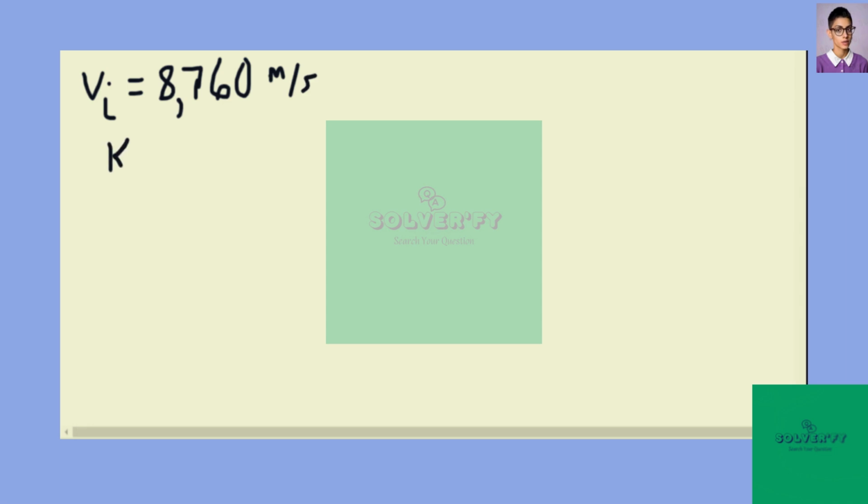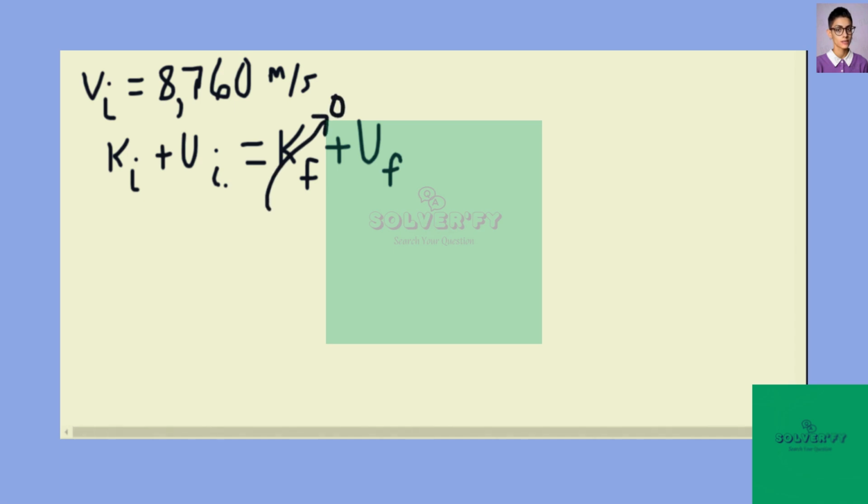I'm going to use kinetic energy initial plus potential energy initial equals kinetic energy final plus potential energy final. Kinetic energy final is 0 because the rocket stops.